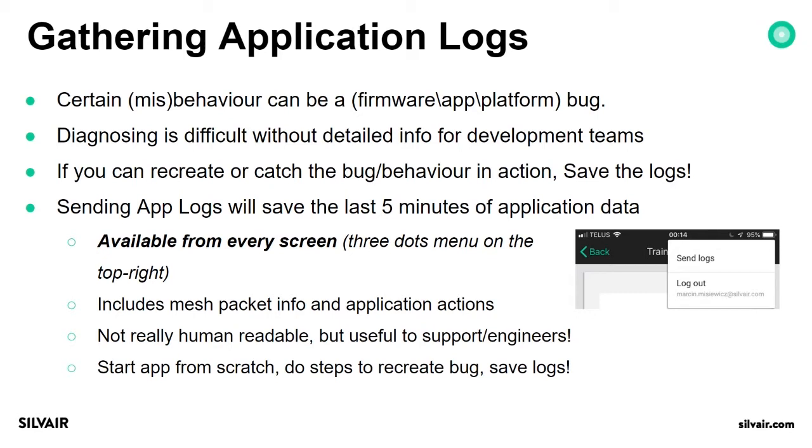So whatever was done during the last 5 minutes will be recorded and sent to us in the form of logs. Not really human readable, but useful to support and engineers. And always start from scratch, take 2 steps to recreate the bug, and save logs.